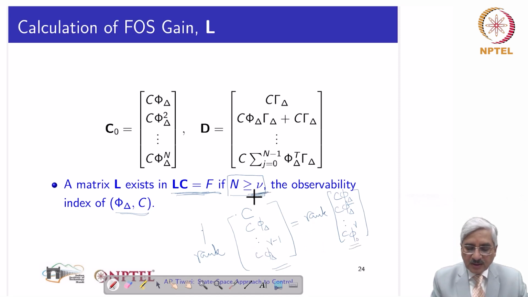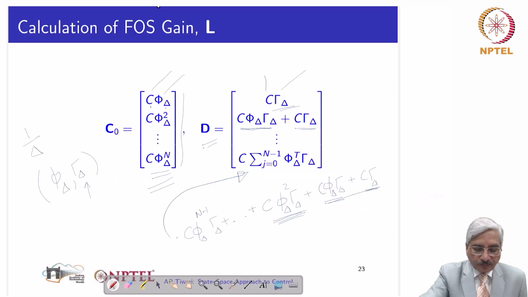That is the observability index. And if n is chosen to be greater than or equal to the observability index, then the solution of LC equal to F exists. L can be solved. This is the condition.